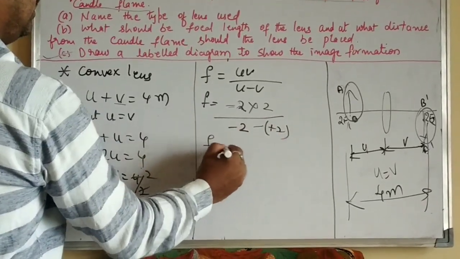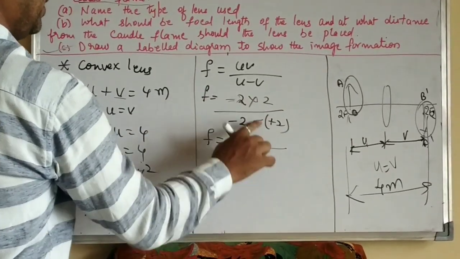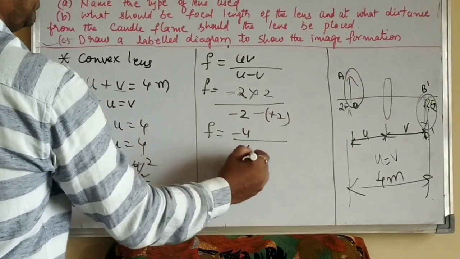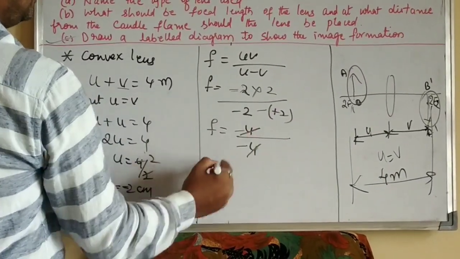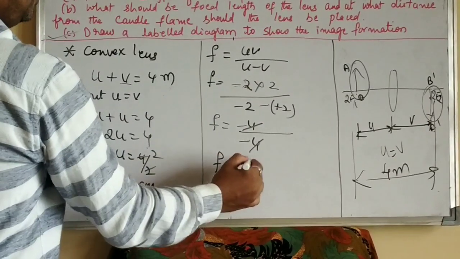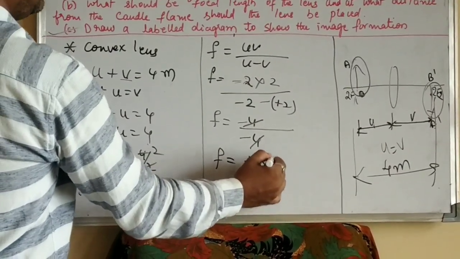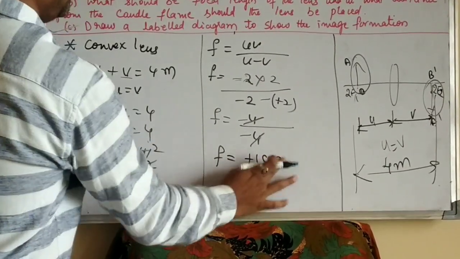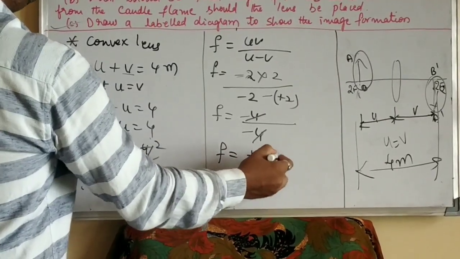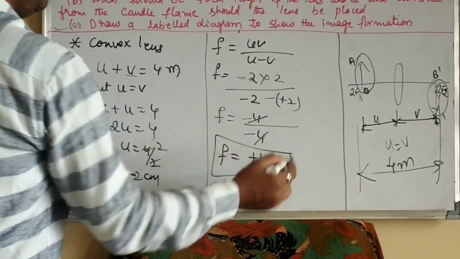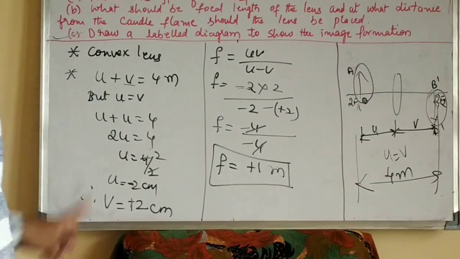So what you will get? Minus 4 divided by minus into plus is minus 4. Okay, so minus divided by minus is plus, focal length is plus 1 meter. This is the value of the focal length, that is plus 1 meter.